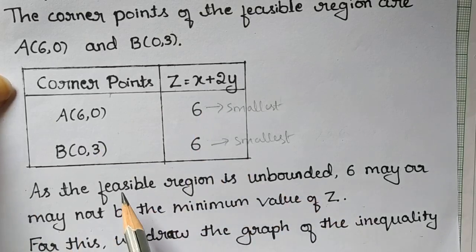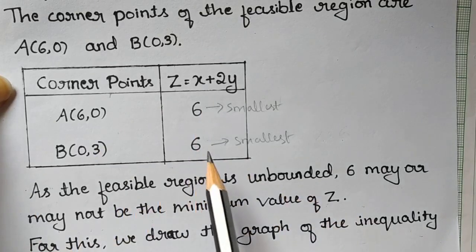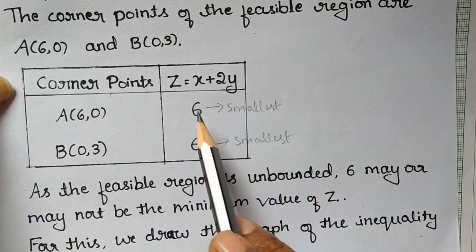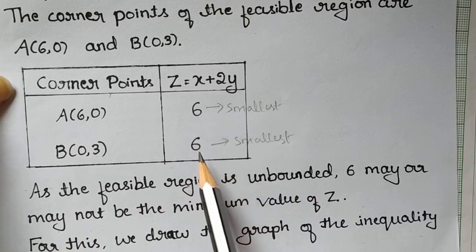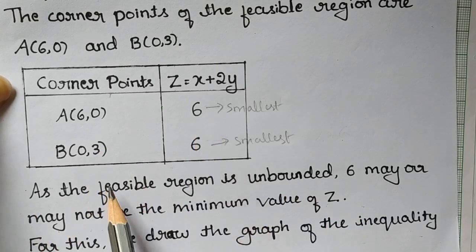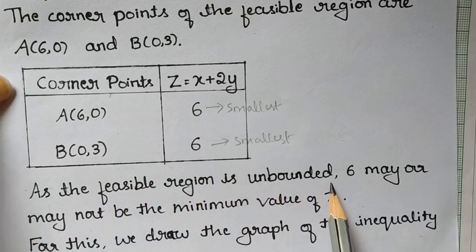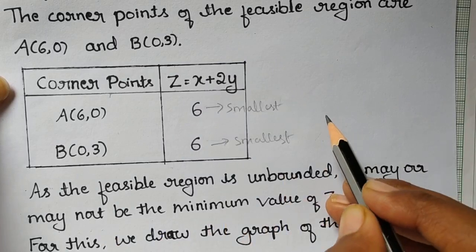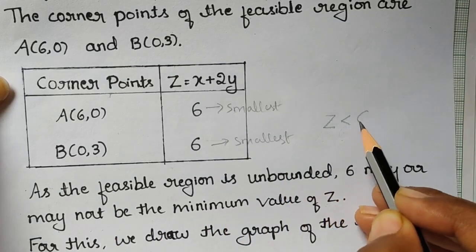Now here the feasible region is unbounded, so we do not directly conclude 6 as the minimum value. We write: as the feasible region is unbounded, 6 may or may not be the minimum value of z. For this, we draw the graph of an inequality. Which inequality? z less than 6.